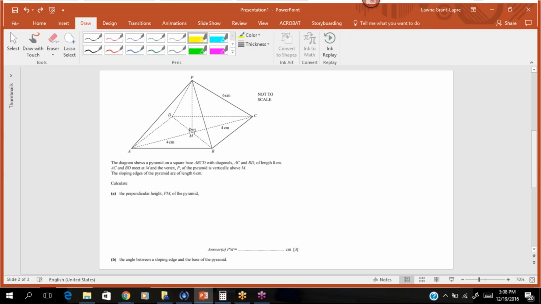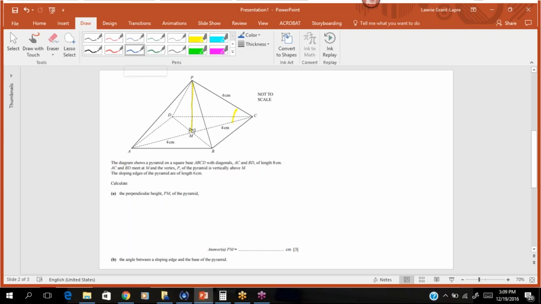So we've got to calculate this perpendicular height here, which is the length from P to M, and we've got to calculate the angle from the sloping edge to the base of the pyramid, which is to that line that goes towards the center. So let's have a look at the first question.